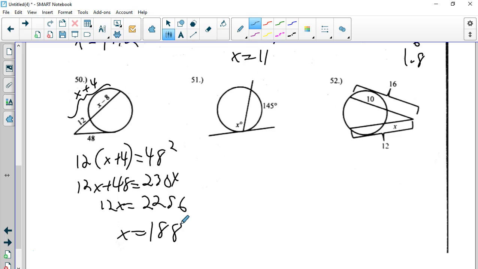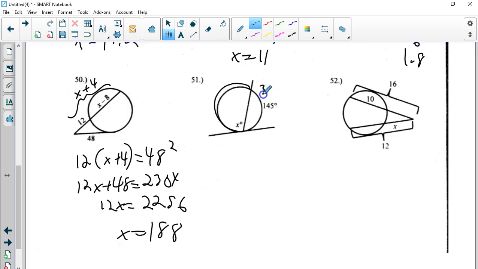All right. Now, if the x was over here, we just divide 145 by 2. But it's not. It's over on the other side. So I need to find out what this is.